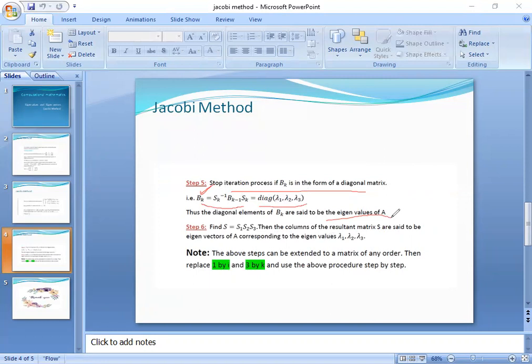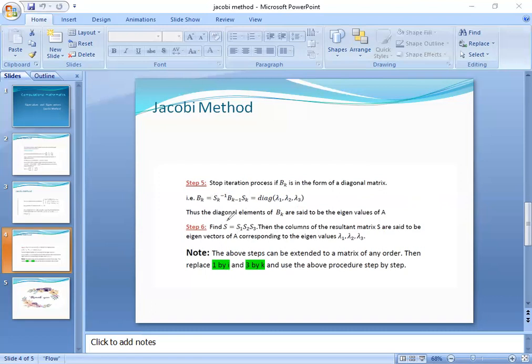Now we need to find the corresponding eigenvectors, for which we need to find the matrix S with S1, S2, S3 and so on. We don't know how many matrices we may get here to get Bk in the form of a diagonal matrix. If we find only two matrices S1, S2, after which Bk becomes a diagonal matrix, then S is obtained from S1, S2. Suppose that there are three matrices S1, S2, S3, so that B3 becomes a diagonal matrix.